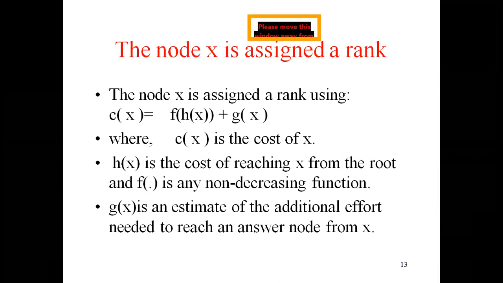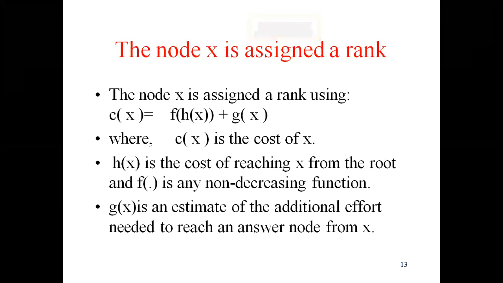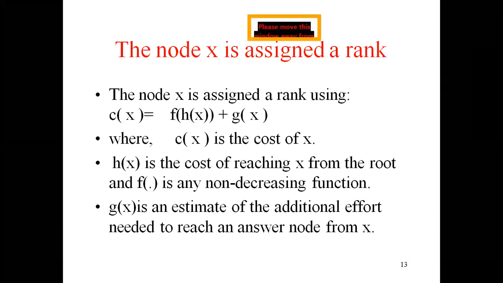The node x is assigned a rank using c of x equals f of h of x plus g of x. Search algorithms usually rank nodes only on the basis of an estimate g of their cost.